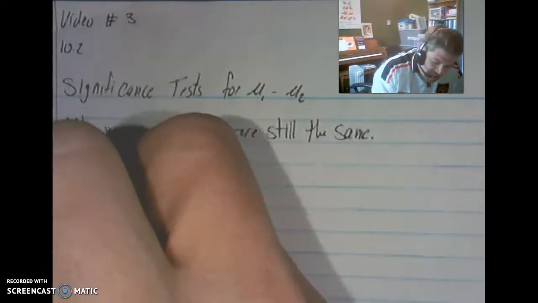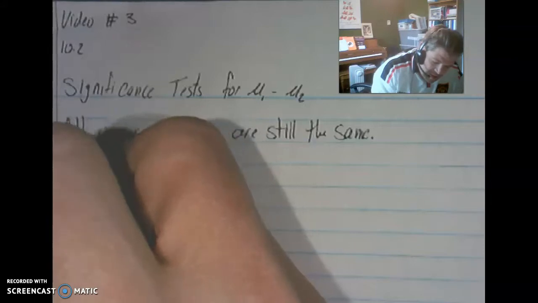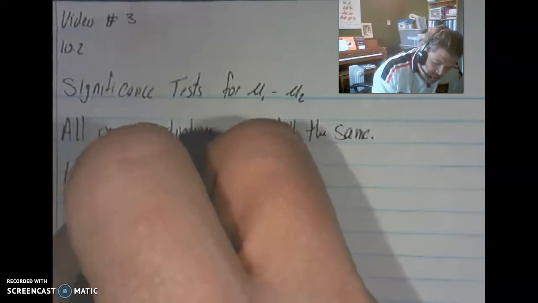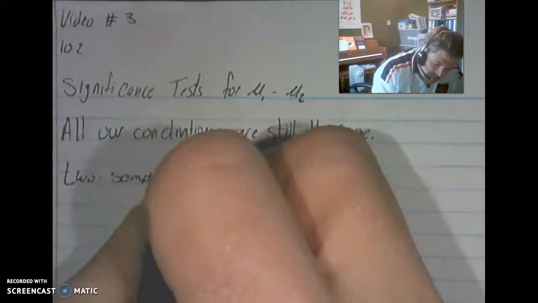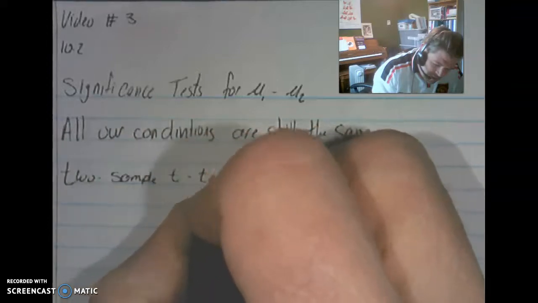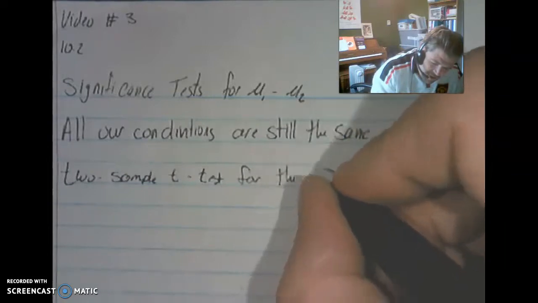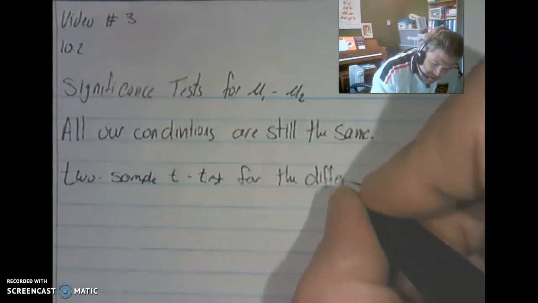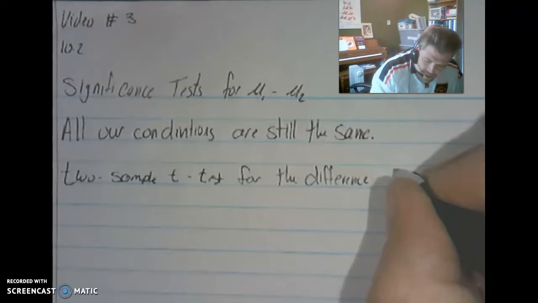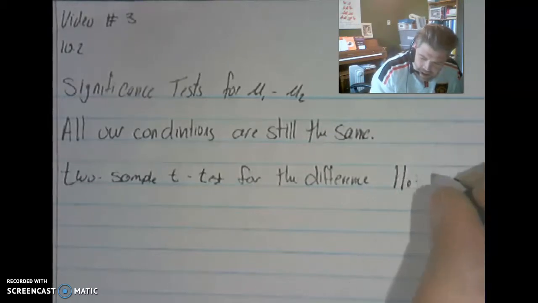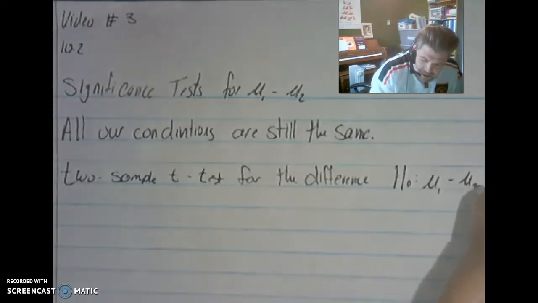Let's do a 2-sample t-test for the difference. So we're going to go H naught: mean 1 minus mean 2 is equal to 0.